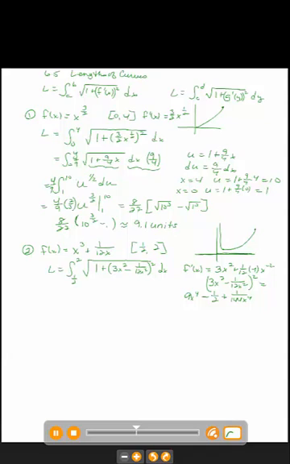Now, when I put that together with the 1 I've got there, I have the 9x to the fourth. The 1 and the negative 1/2 is plus a half, and then 1 over 144x to the fourth. Now this factors.